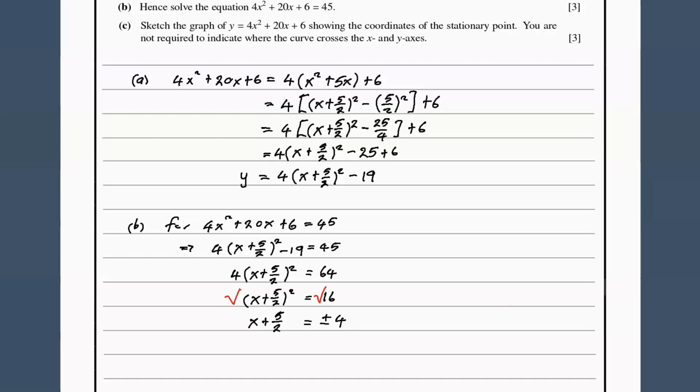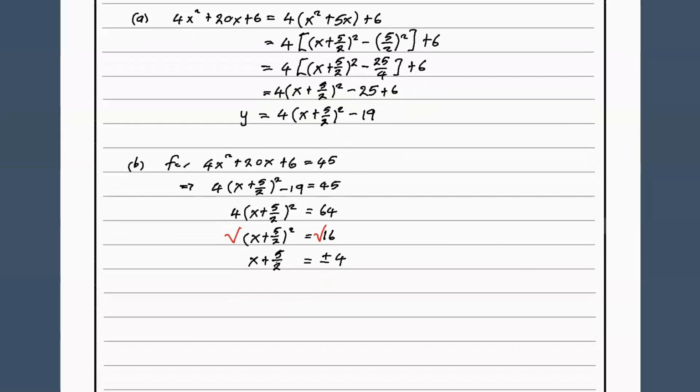All right. So like this, which would mean that x is equal to minus 5 over 2 plus or minus 4. All right. So the possible answers are minus 5 over 2 minus 4, or minus 5 over 2 plus 4.